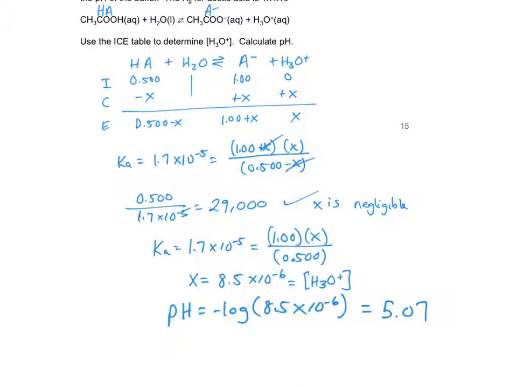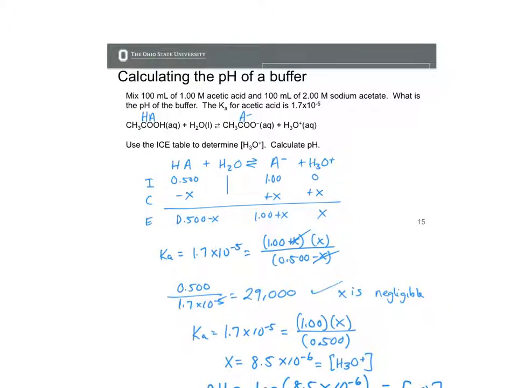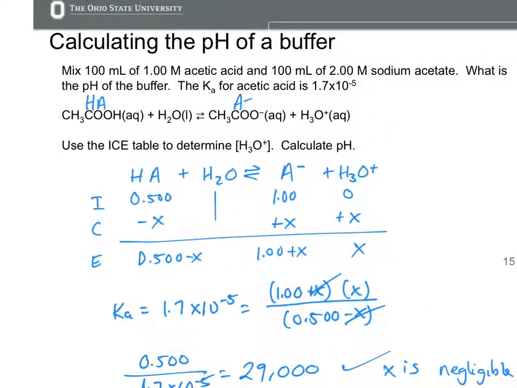Really quickly go over how you got the initial concentration. Yeah, how did I get the initial concentrations? So, when we have the 100 mils of 1 molar acetic acid, and we mix that with 100 mils of 2 molar sodium acetate, we have a total volume of 200 mils.